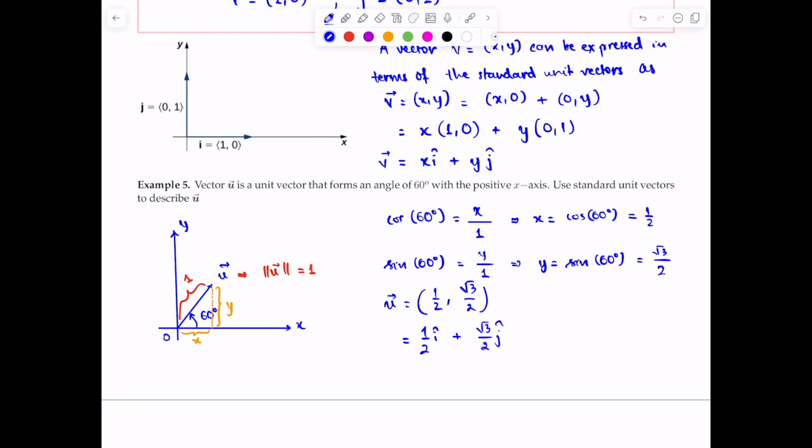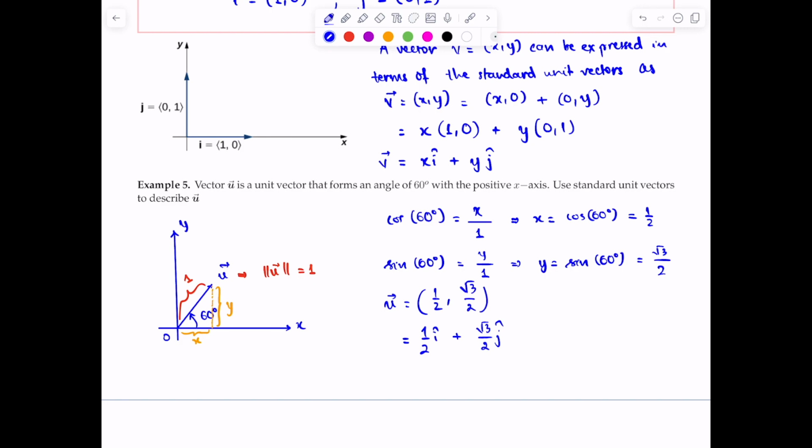So that's it for me. This is the lecture related to vectors in the plane, so that is just two-dimensional vectors. You can apply different vector operations on a two-dimensional vector, including scalar multiplication, vector addition, and vector subtraction. We also talked about how to calculate a vector using the initial point and terminal point.